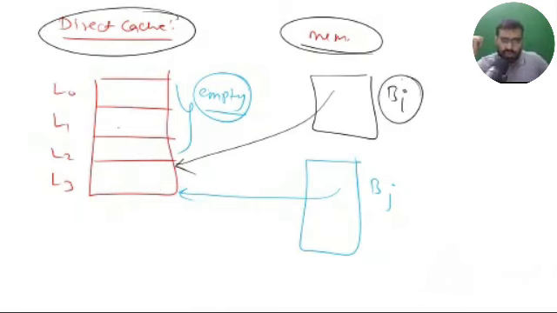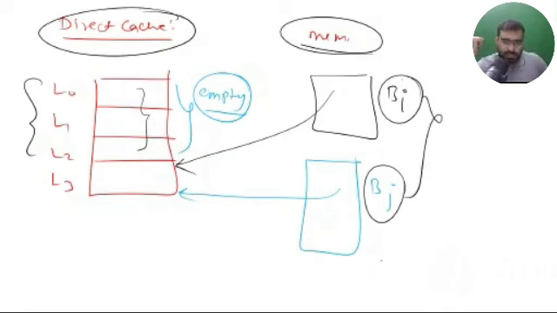Even if the remaining lines are empty, this is a conflict. The space is available, but still these two blocks are fighting, because they have only one place to go. Bi and bj can never go to the other lines. So this is a conflicting situation.